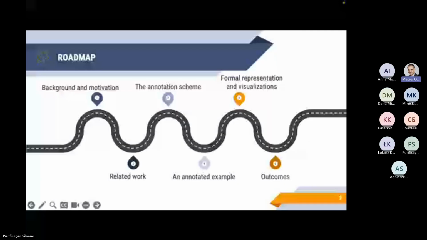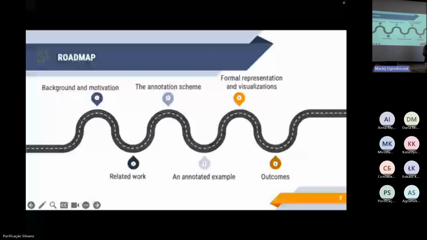The roadmap for this talk is going to be the following. I will start by talking a little bit about the background and motivation for developing this annotation scheme. Then I will talk a little bit about some proposals of multi-layer annotation schemes that are used in other data sets.